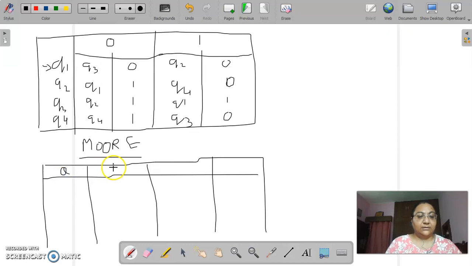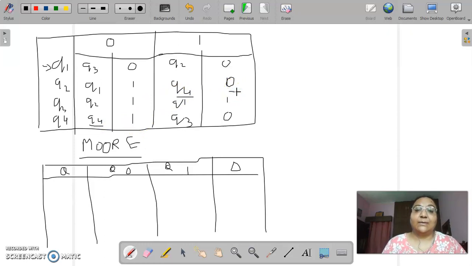We have the output state for input of 1, for input of 0 and we have the output variable. So here one thing is very important. Whenever we have multiple states with multiple outputs, like here we can see Q4 has output of 1 and here Q4 has output of 0.